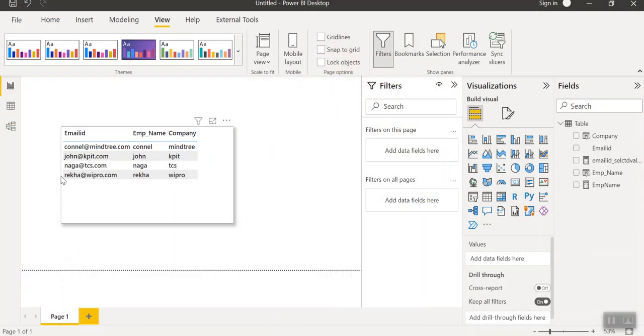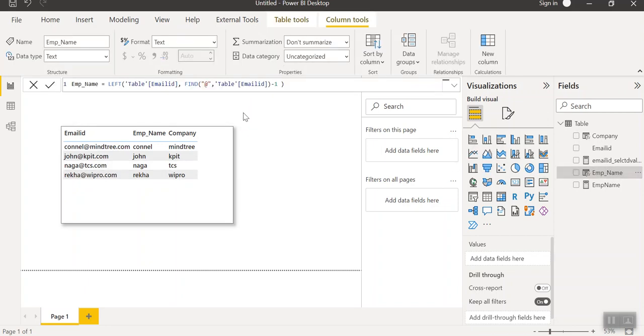Then if you go to Power BI, this is what the interviewer is asking to achieve: the email ID, employee name, and the company. So for the employee name, I have used the left function here. I want to extract from the left of the email ID. Left function has two parameters: from which column you want to extract and up to which character you want to extract.